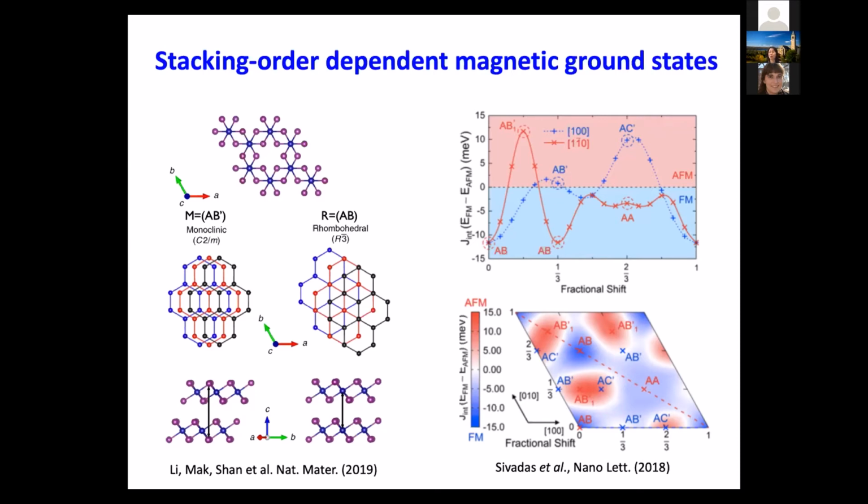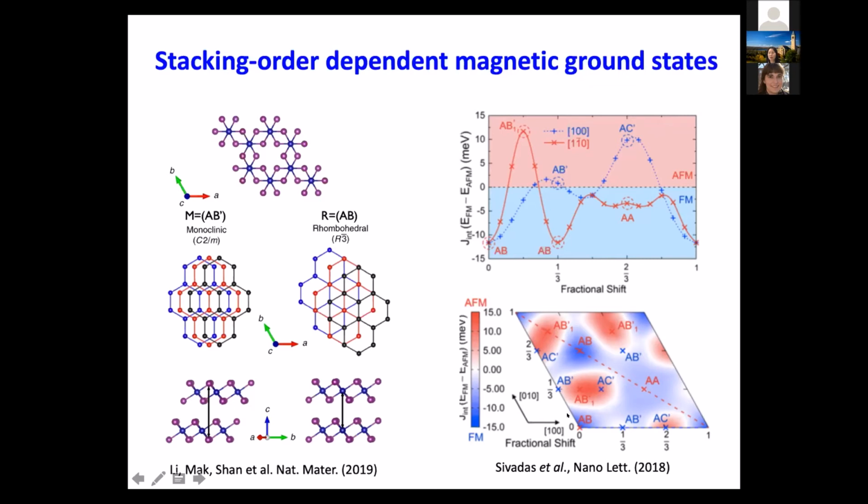and 010 direction. So this is some kind of a map. So if we just shift the two layers relative to each other along the A-axis direction, then you will go through stacking order from monoclinic to rhombohedral, to something in between.